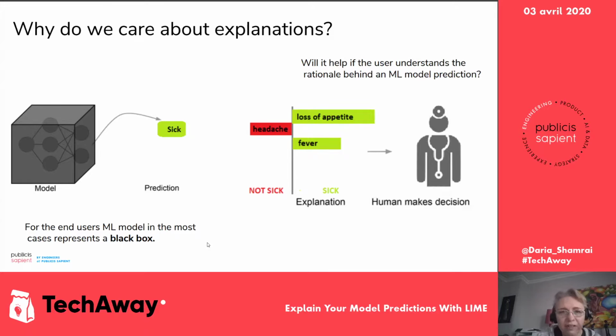For example, a patient comes in, you give a questionnaire, the machine learning model processes it, and it says the patient is most probably sick, so you need to pay attention to him. What would be really nice for the doctor, who needs to take a decision as a human, is to understand the rationale behind how the model came up with this classification. It's a binary classification: he's sick or not sick.